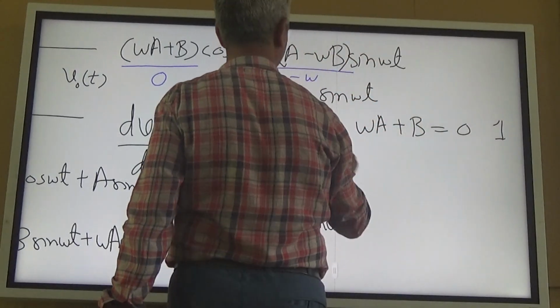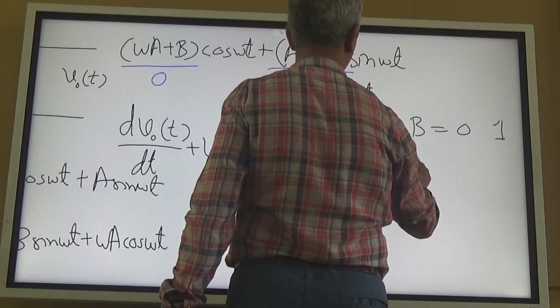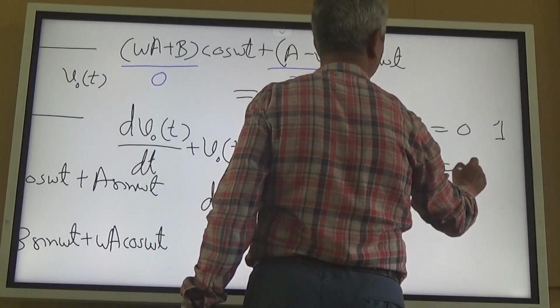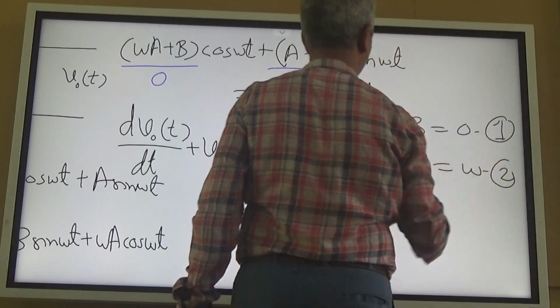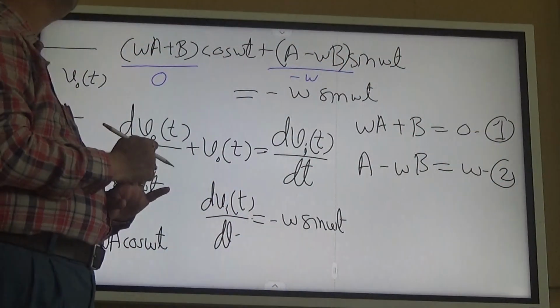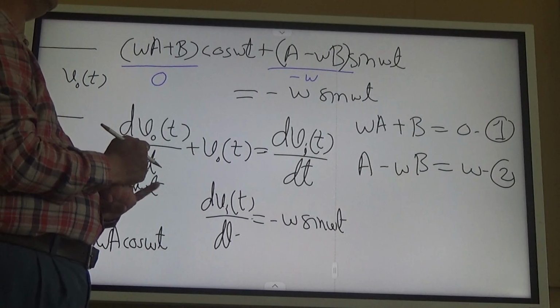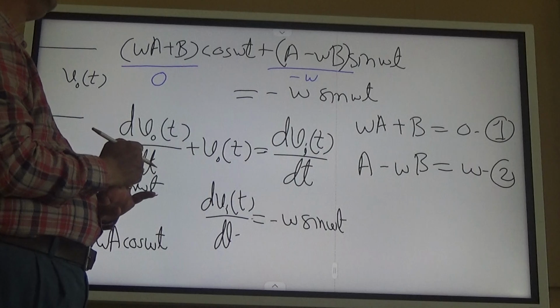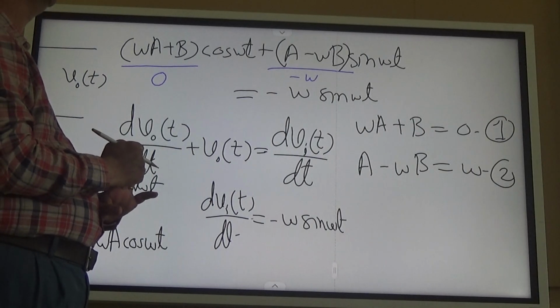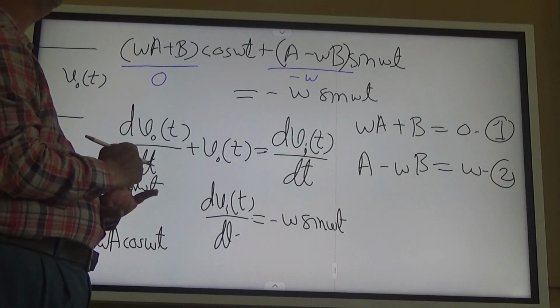Now what is the second equation? a minus omega b equal to minus omega. So based on that, what are a and b? Now what do you do?